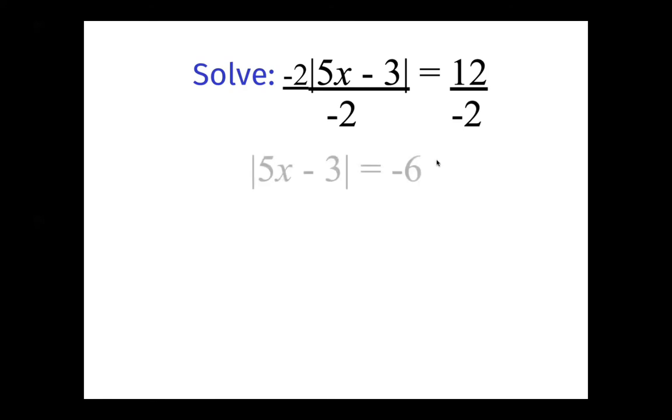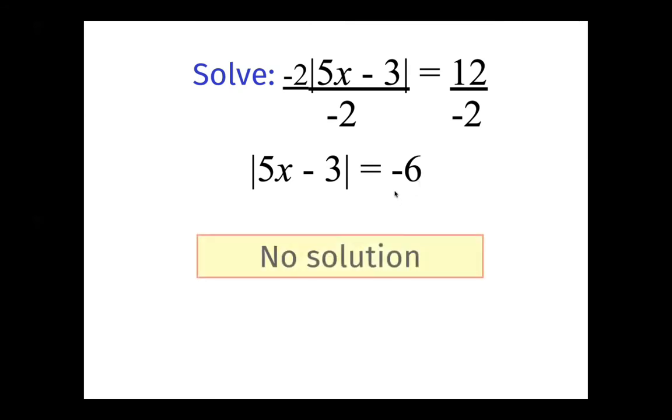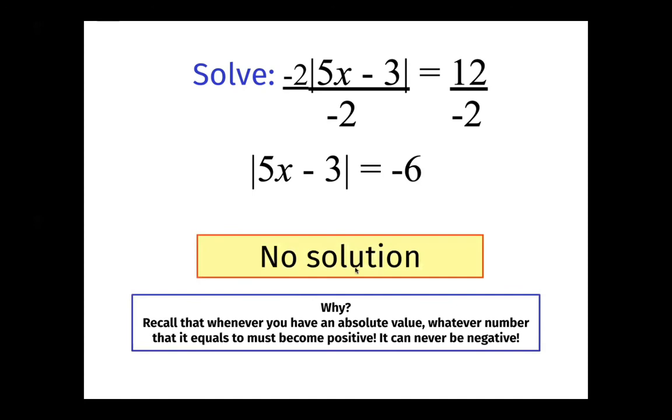Once we do that, we can see here that our absolute value is set to a negative number. So already we can tell that this will have no solution, because as we recall, whenever we have an absolute value, whatever number it equals must be positive, and it can never be negative. So go ahead and say no solution.